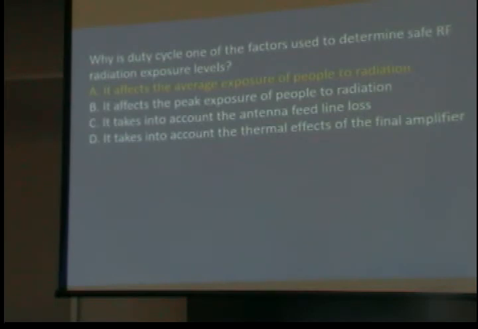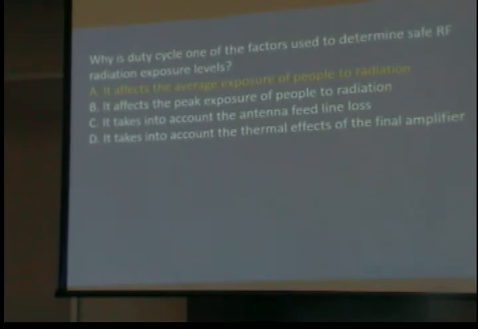But how long you're there, the percentage of time you're there, and it's the same thing with the transmitter. A broadcast transmitter that's on all the time is really bad. A public service transmitter that's on maybe 20% of the time is only 1/5 as bad for the same power level.